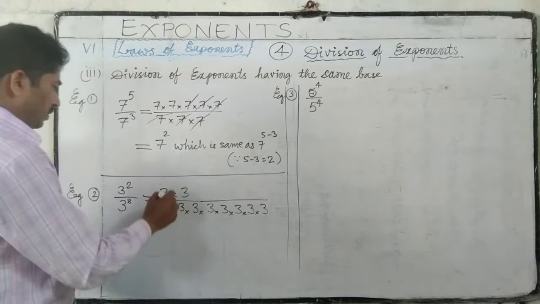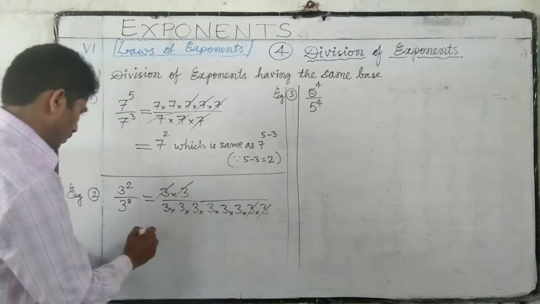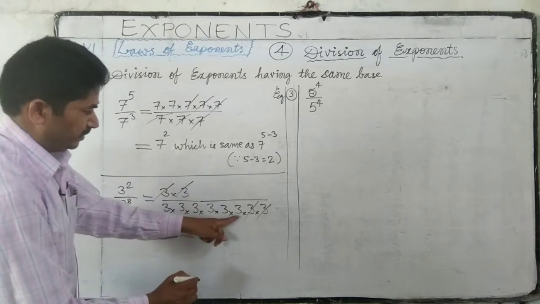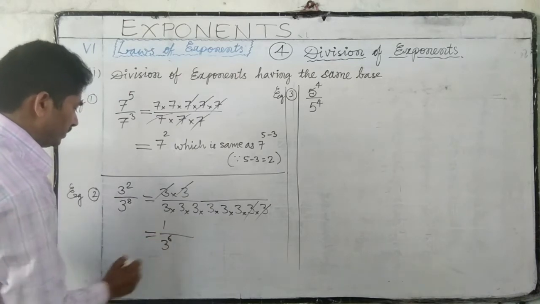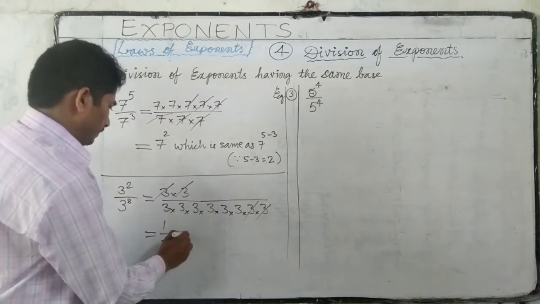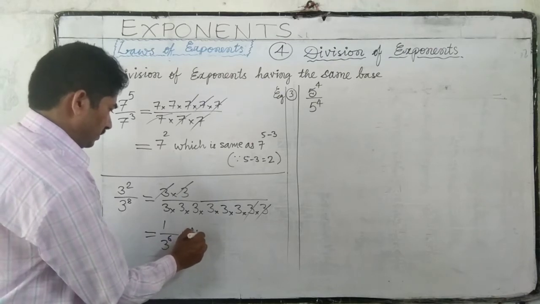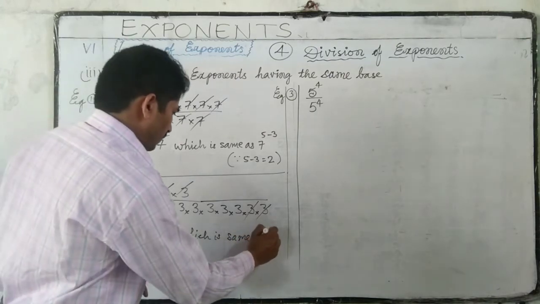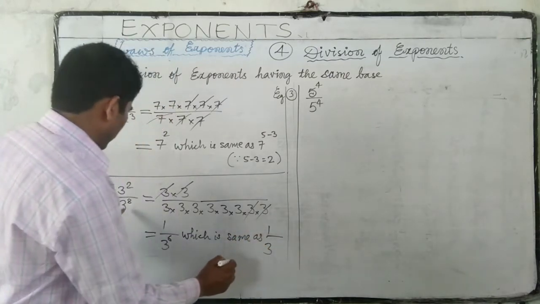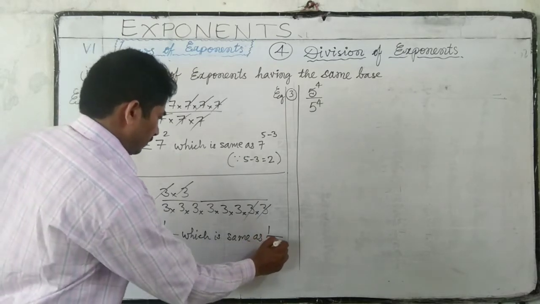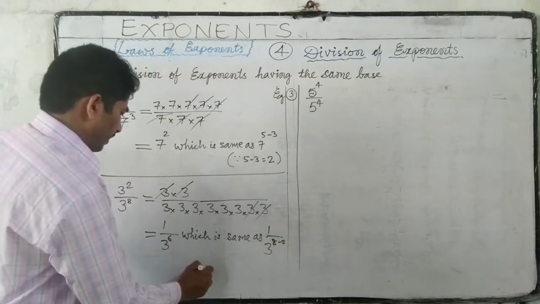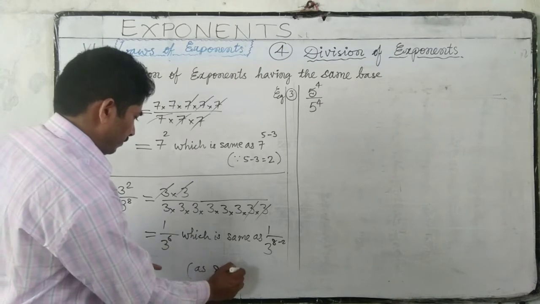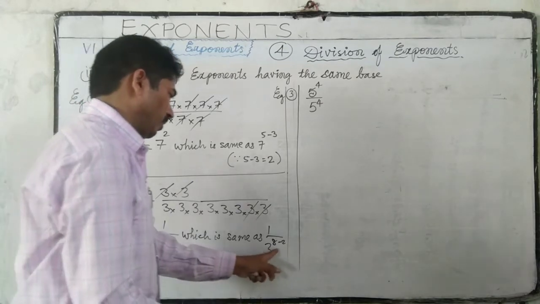So cancelling 2 of them, this is equal to 1 by 3 to the power of 6, which is the same as 1 by 3 to the power of 8 minus 2, because 8 minus 2 is equal to 6. That's why 3 to the power of 8 minus 2.